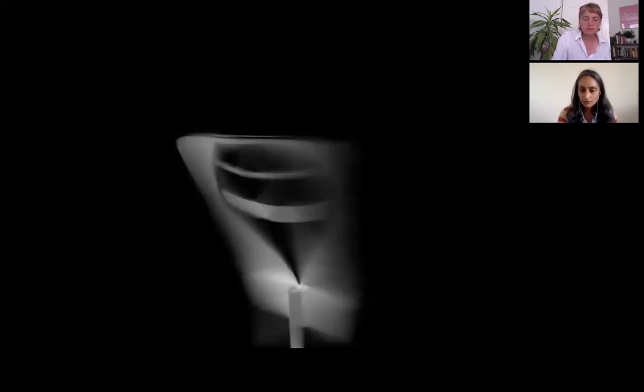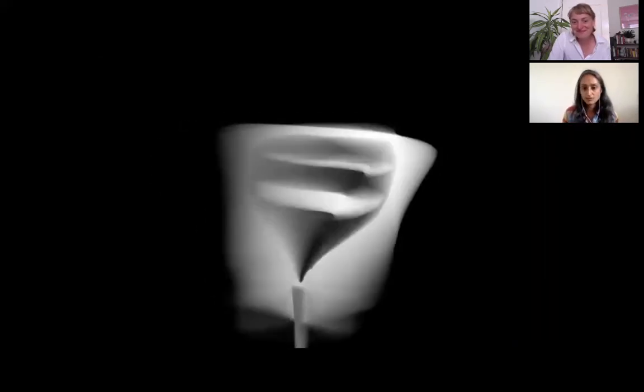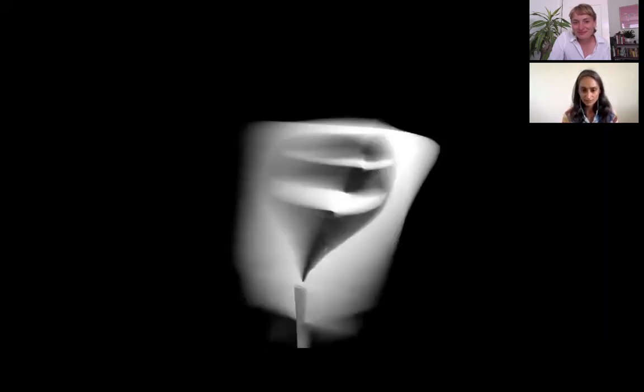So the next thing is a piece called Trompo. This is a moving image piece. It's made with a drawing of a spinning top, which you can see here. And as that spins, the paper starts to warp. So you start to get a three-dimensional effect. So I really like that.